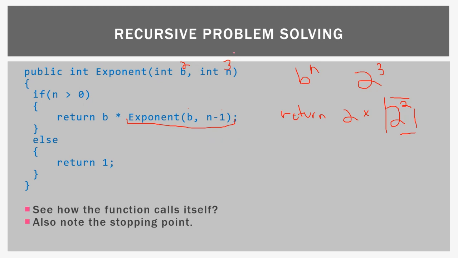So when we call 2 and 2, we still get in the if statement. We're still trying to return b times exponent of b, n minus 1. But now for this, we're trying to return 2 times 2 to the 1. Because n was 2, we're passing n minus 1. So the problem's getting smaller. N is decreasing on every nested call.